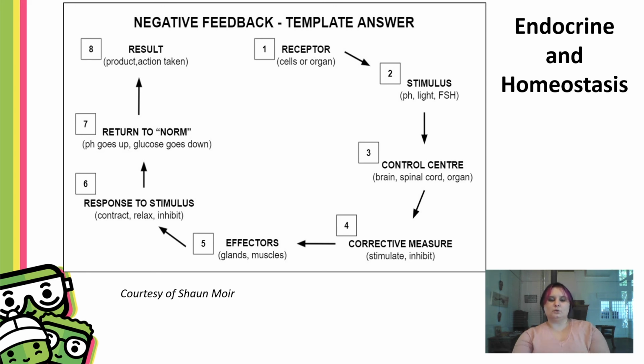So you can use this as a template to help you answer any negative feedback question involving any of the hormones, whether it's thyroid stimulating hormone, aldosterone, testosterone, follicle stimulating hormone, whatever the case may be. You can use this information to help you formulate your answer for that.